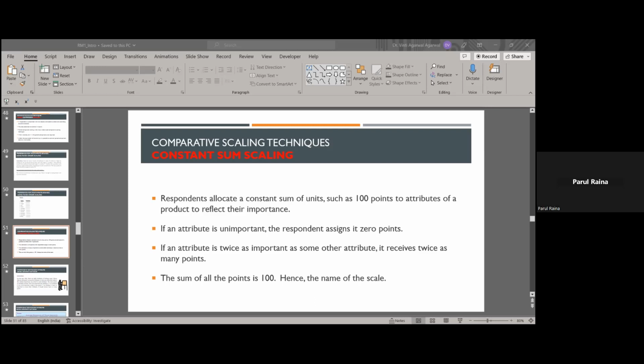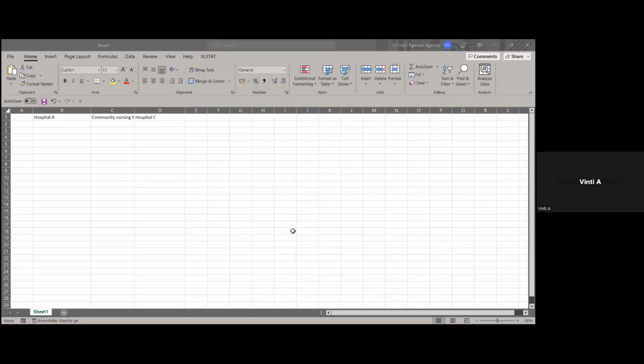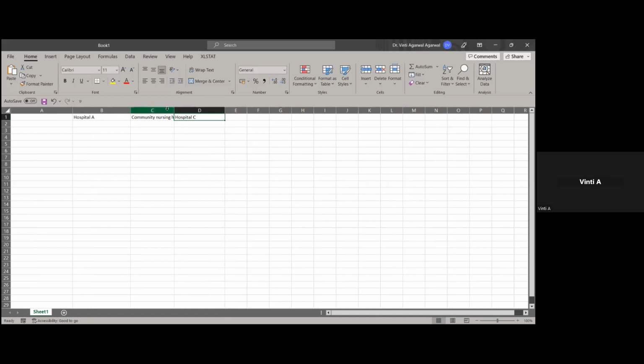Ma'am, we cannot see your Excel sheet. You can't? Okay, let me share again. Can you see it now? Okay. So can you tell me the different kinds of settings of a palliative care unit?